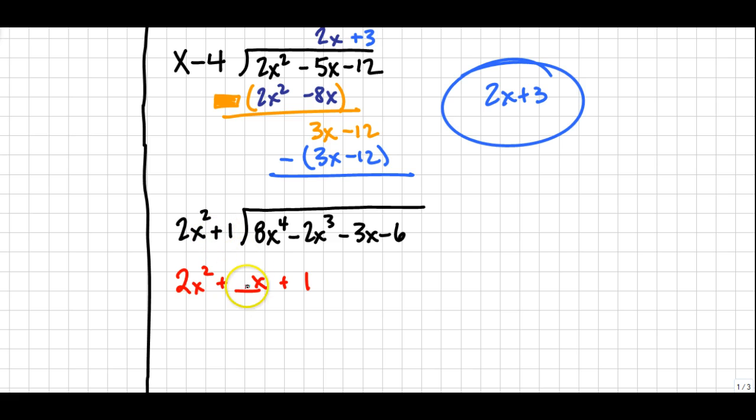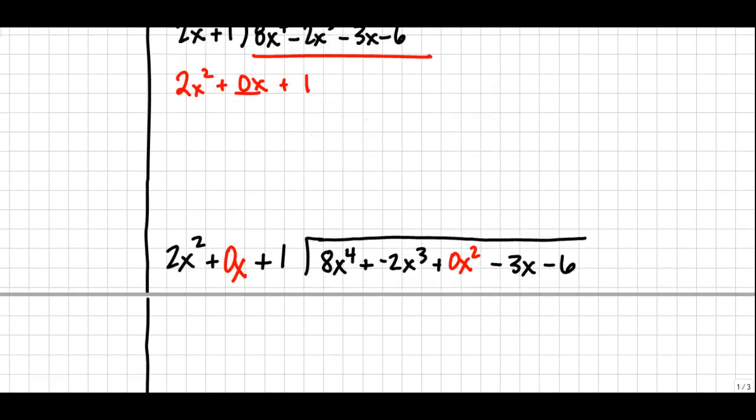But this one's missing that piece, so we should rewrite it with a 0x there to help us hold the place. Same thing's occurring here. We've got an x to the 4, x to the 3rd, the next piece should be x squared. And without that, that may make it difficult for us to line up our answer. So before you start any problem, make sure that there are no missing terms, and go ahead and fill those in with zeros. So now we're going to go ahead and just practice division again on this one.